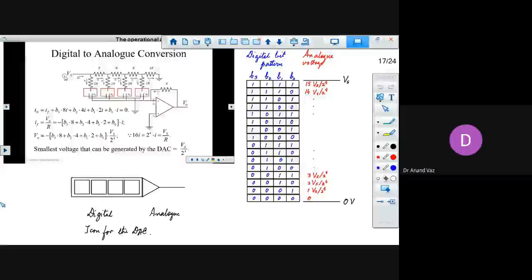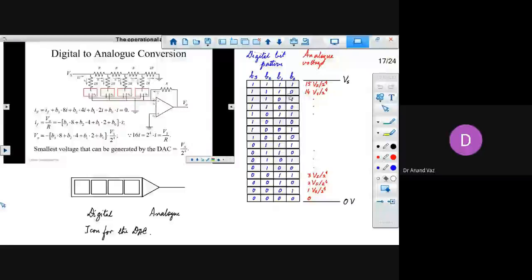While your VS, that is your voltage range, is 0 to 5 volts. You can go from 0 to 5 volts. So if you apply 5 volts here, you have these 6 switches and more steps in your ladder. The output that will be produced will go from 0, 0, 0, 0, 0, 0 to 1, 1, 1, 1, 1, 1.